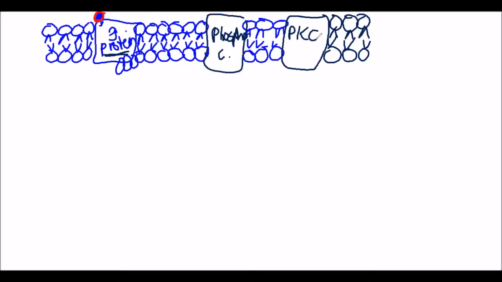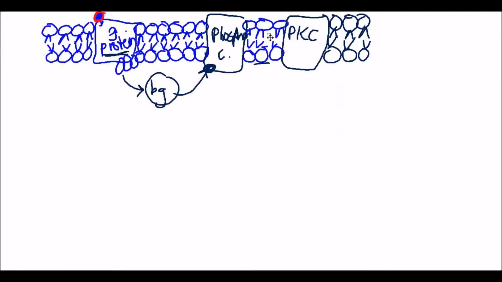So if we remember, we have our ligand binding to our G protein coupled receptor, and it's going to allow for dissociation of our beta gamma complex. And that's going to bind to our phospholipase C. And just as with our alpha subunit of the G protein coupled receptor, phospholipase C is going to pull from the phospholipid bilayer.